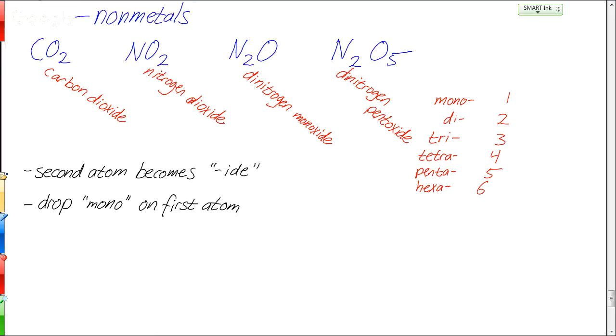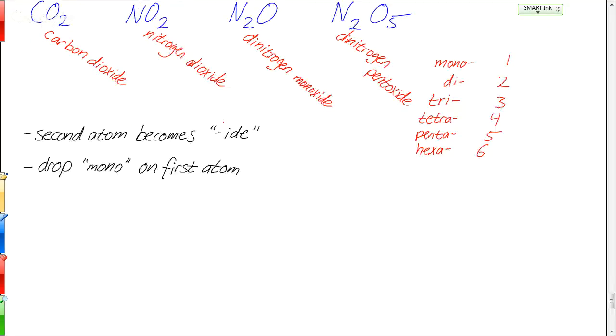Now, writing the formulas for these is also much easier than the ion ones because you don't have to come up with the charges. You just write down whatever it says. So if we have phosphorus trichloride, what would you write?